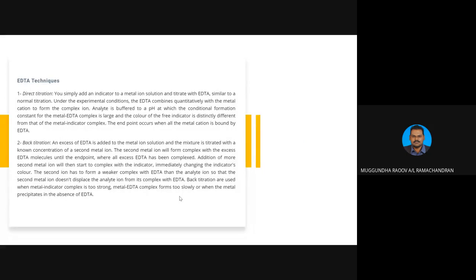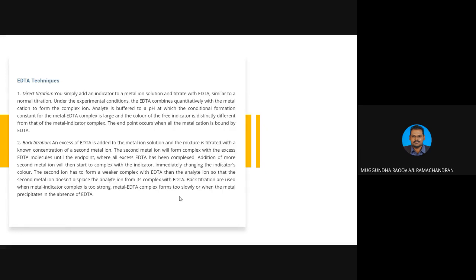So here we will introduce direct titration and back titration. You should know the difference between the meaning of direct titration and back titration. Direct titration is where you may simply add an indicator to a metal ion solution and titrate with EDTA. It's similar to a normal titration. While in back titration, an excess of EDTA is added to the metal ion solution and the mixture is titrated with a known concentration of a second metal ion.